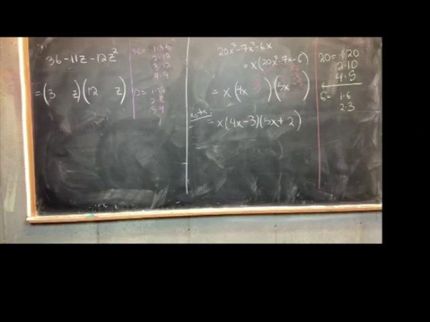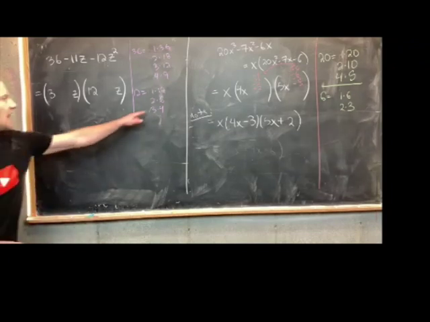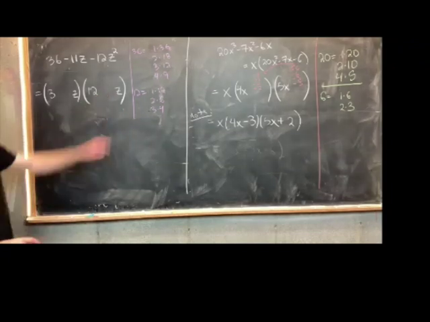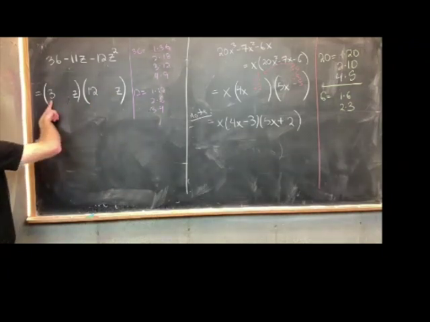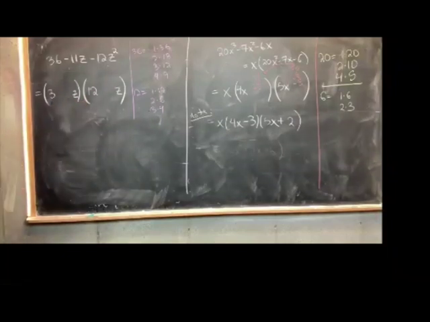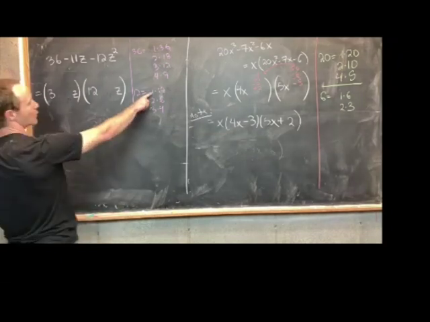So let's see. So this one is not going to work. So let's see, 2 and 6. So if we put a 2 here and a 6 here, well, 2 times 3 is 6. 6 times 12 is like 72. That's never going to get us to negative 11. So what if we put 1 and 12?